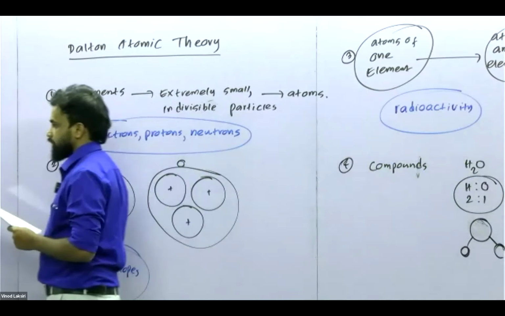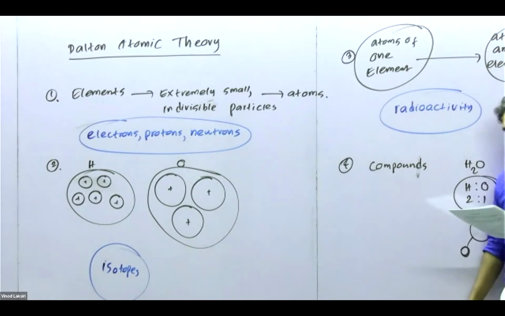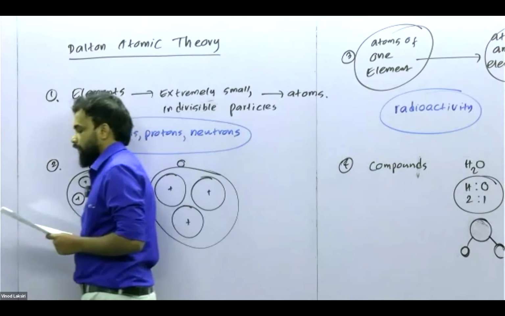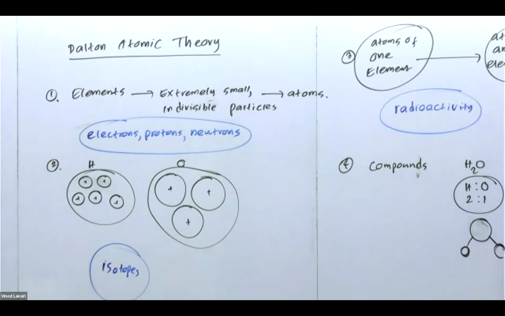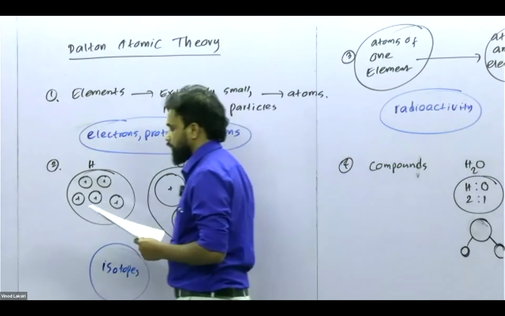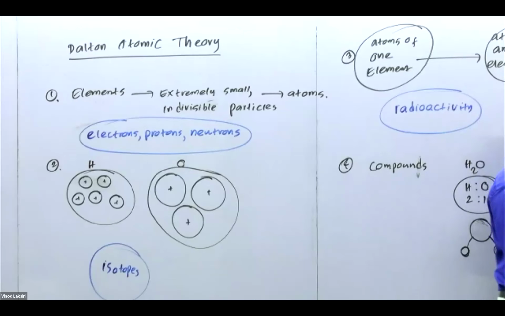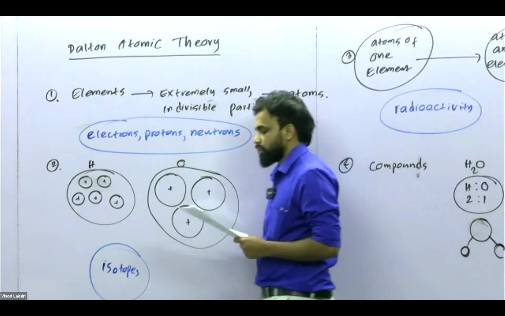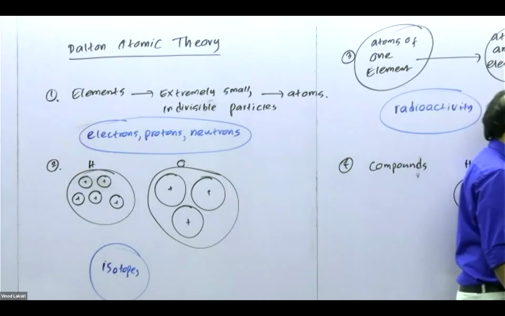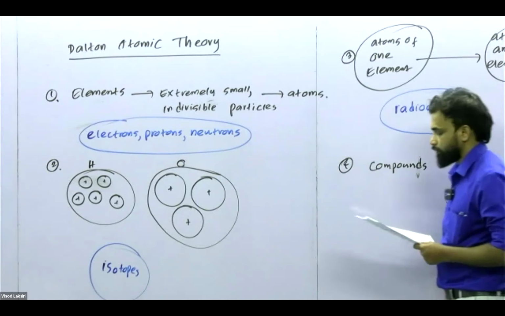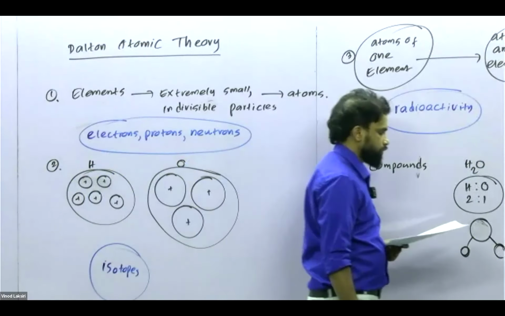All atoms of a given element are identical in mass and size, but the atoms of one element are different from the atoms of all other elements.